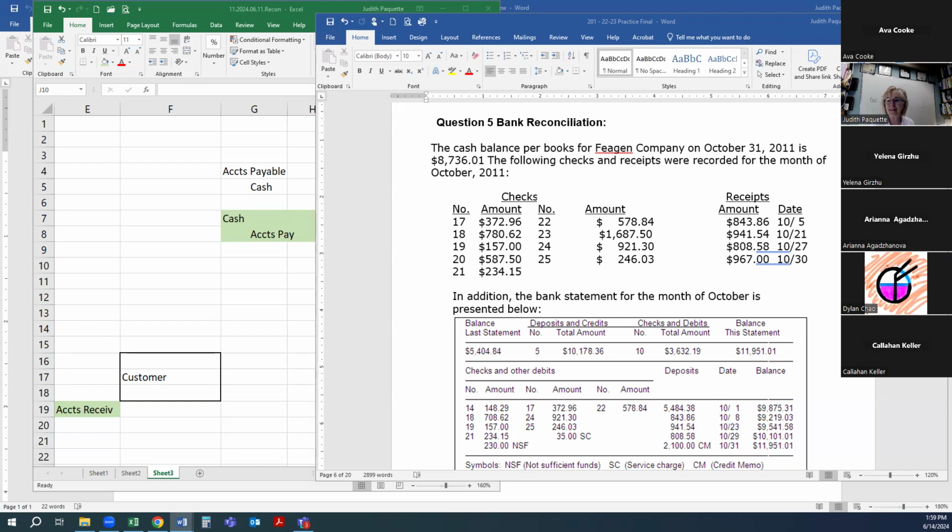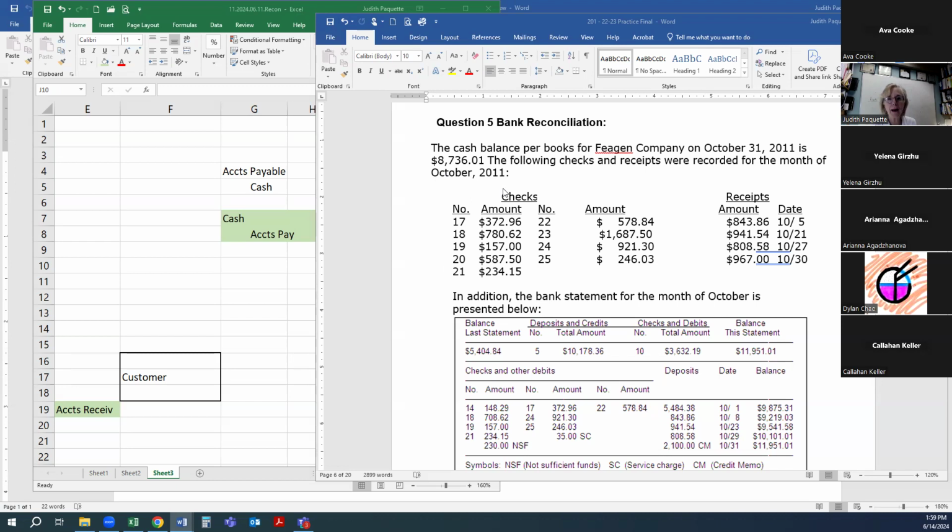So, you know, part of the challenge with bank recon is they all look different. Okay. So this whole thing is saying the cash balance per, I guess, Fagan is this. So we need that number to do a bank recon. The following checks and receipts were recorded for the month of October.